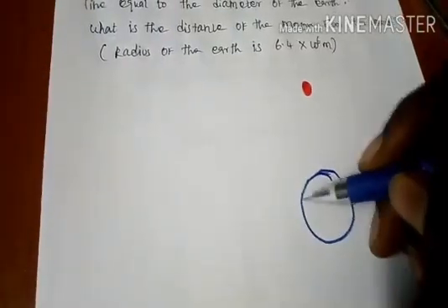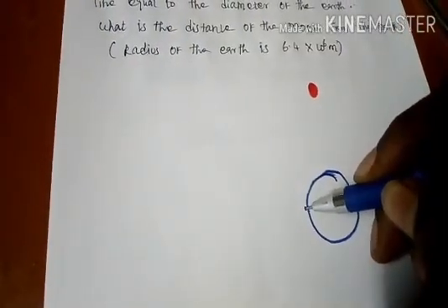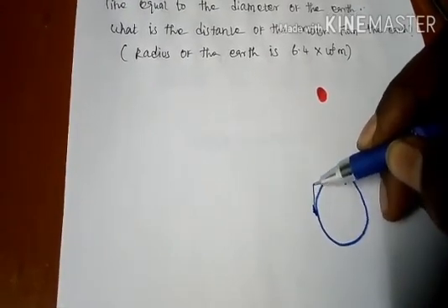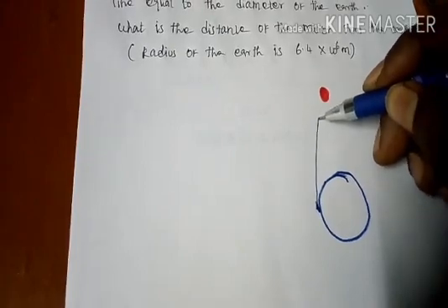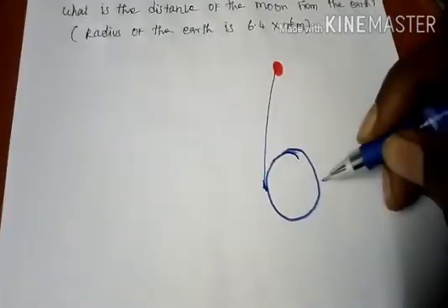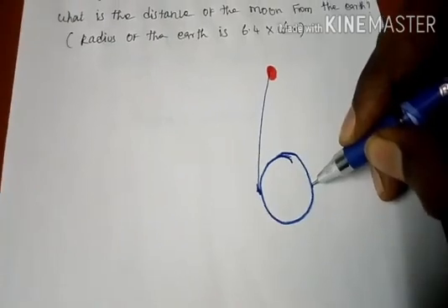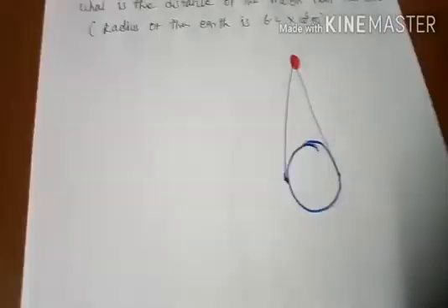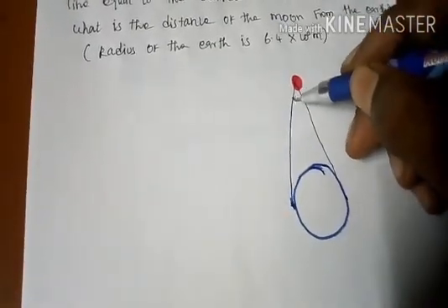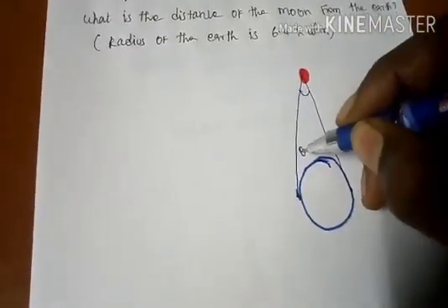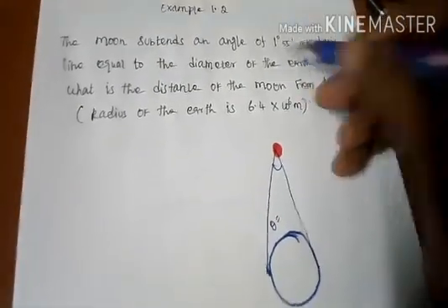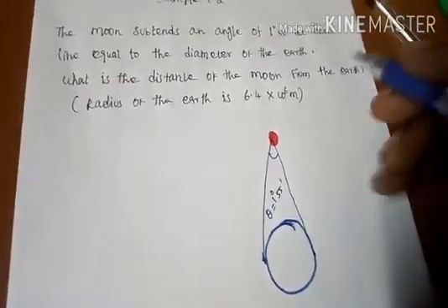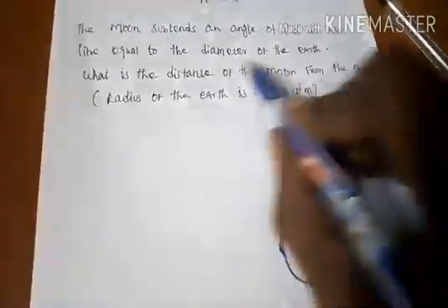So here at this place one person stands and sees the moon. So this makes an angle theta. The theta value is 1 degree 55 minutes. So this angle is subtended by the diameter of the earth.